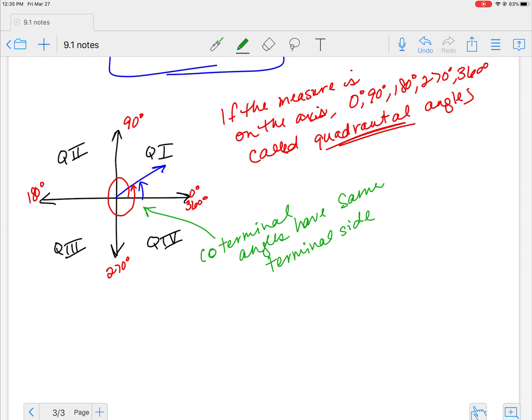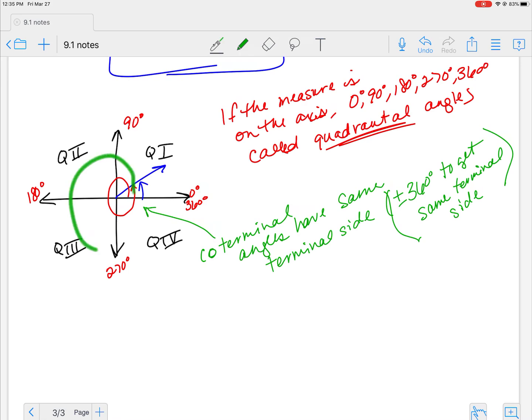Coterminal angles have the same terminal side, but you're just swinging around a full 360. So for your coterminal angles, you're going to take the angle and then add or subtract 360 to it so that you end back on that same side. Do you see what I mean? So you can add or subtract 360 degrees to get the same terminal side.